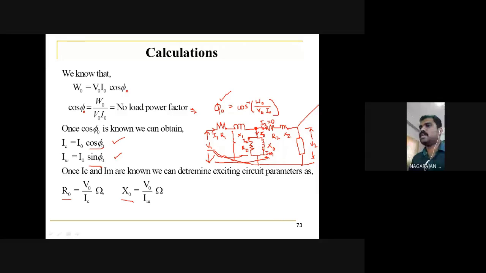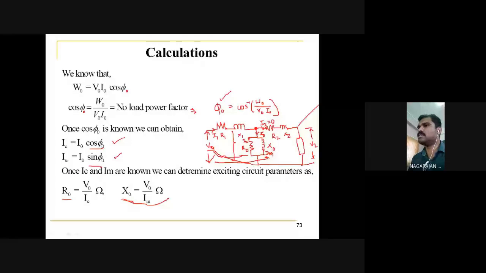Okay. So R naught is V1, which is now denoted as V naught since the no load test is conducted. R naught is V naught divided by IC, the current passing through that particular branch. And X naught is V naught divided by IM, because through the X naught component, IM current is passing.